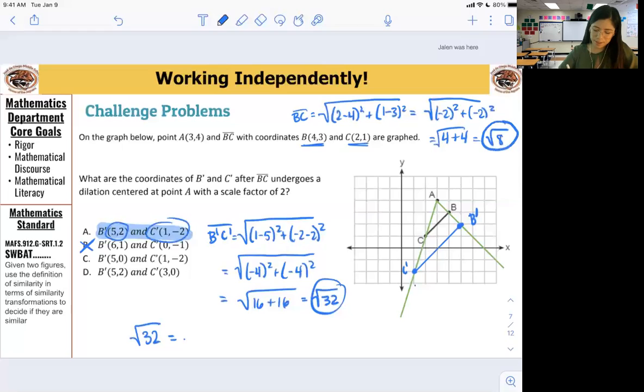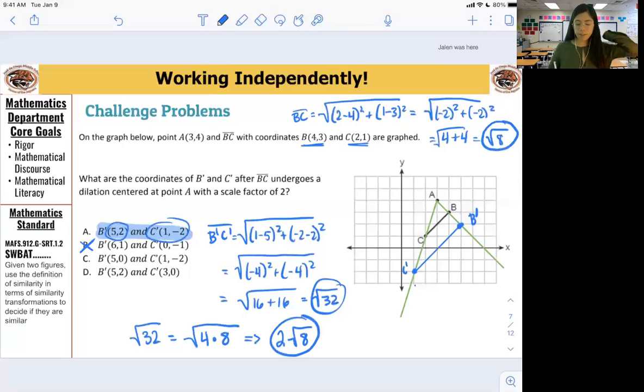Thirty-two is what times 8? 4 times 8. And what's the square root of 4? Is 2. So this is 2 times the square root of 8. So we do have the right situation. We do have a scale factor of 2. And there you go. Questions on this one?